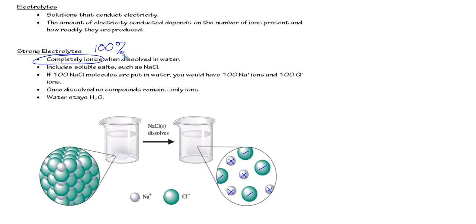So if I were writing this as an equation, I could say sodium chloride dissociates into sodium ions and chlorine ions.